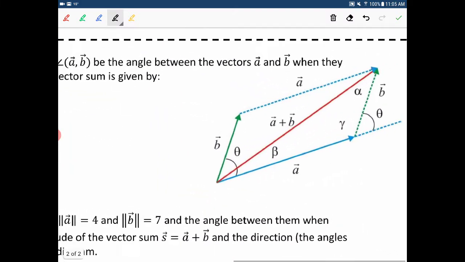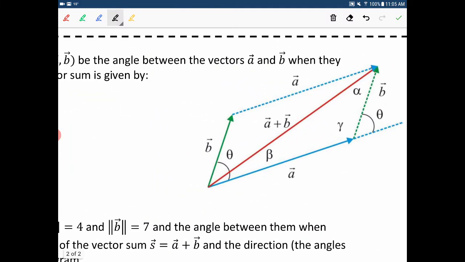You can see here, this is drawn out like a parallelogram. It's not necessarily useful when you're using it yourself, but it is where a lot of these rules come from. The important thing here is that this angle, theta, is the angle created between the two vectors. And if you extend this over here, you can see that theta is also located here.